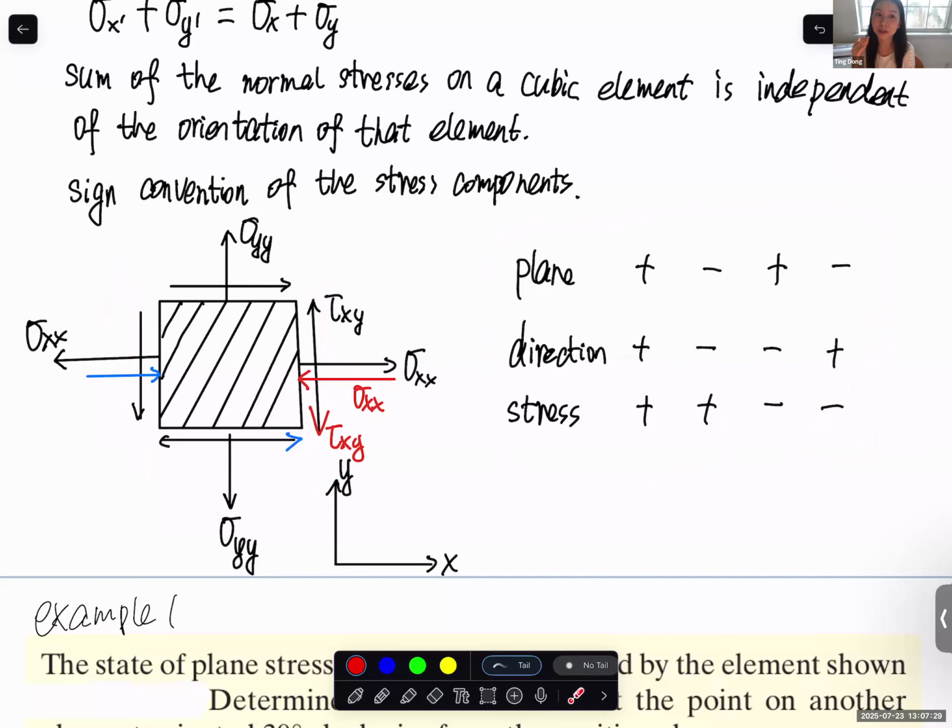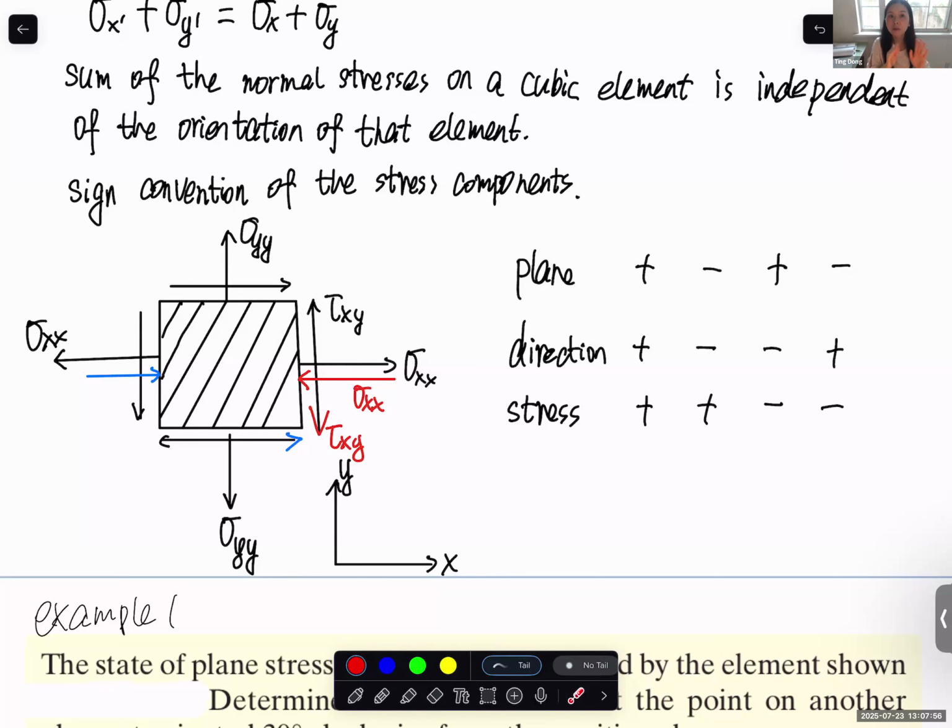Let's say that, because in your exam 3, I do expect that you know the shear force diagram, the bending moment diagram, and the stress component. So in this way, for all the content up until the shear force diagram and bending moment diagram, we use the previous sign convention, because that was generated by the group of people working in statics and mechanics of materials.